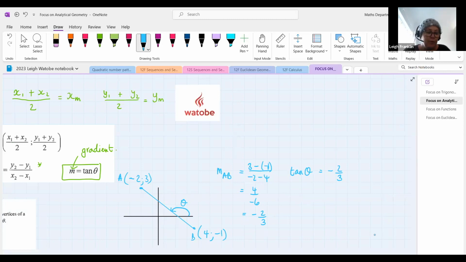What a lot of students do here is that the next thing they write is theta, and then they'll write, and please don't write this, just listen very carefully to what I'm saying, because this is wrong and I'm going to rub it out. I just want to show you the mistake that gets made.